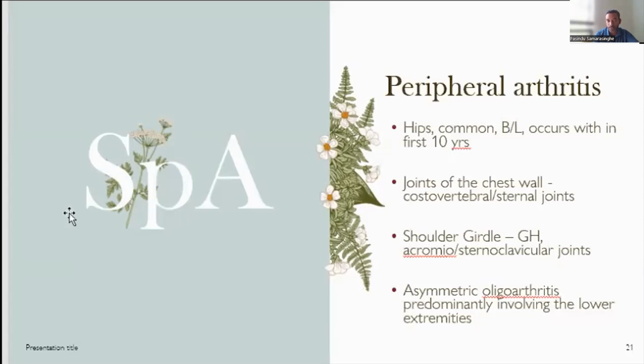So that's also an important differentiating point between these two disorders. It's very important to differentiate because the management differs between rheumatoid arthritis and spondyloarthritis. Although the initial management could be the same, when you come to the biological management, it's quite different. So it's very important to differentiate between these two conditions.